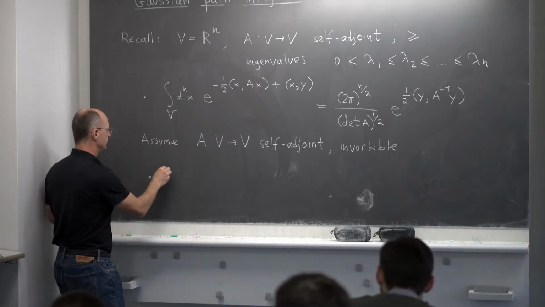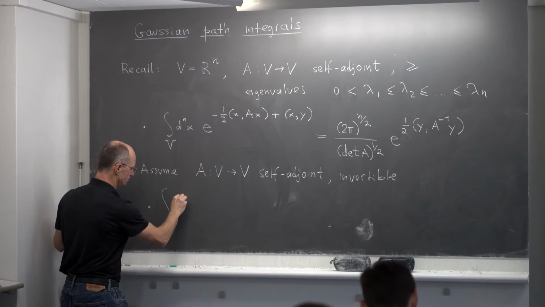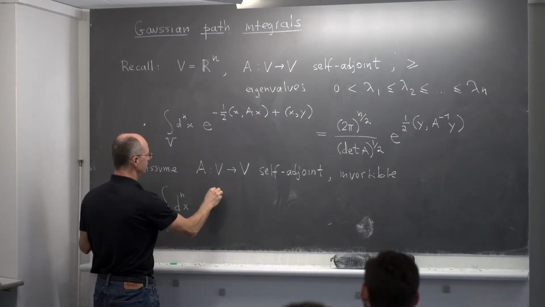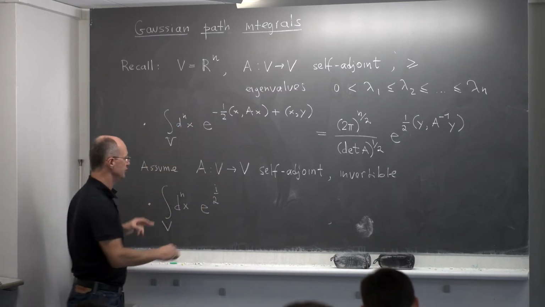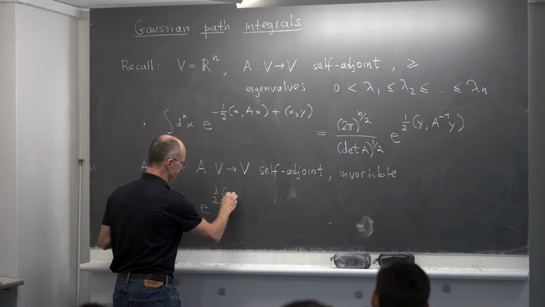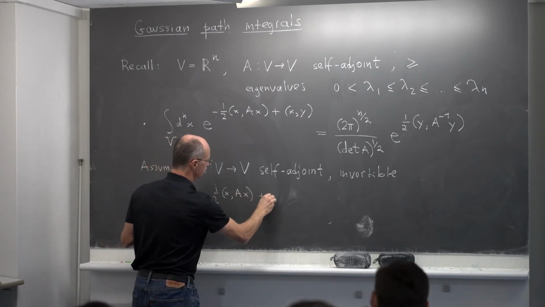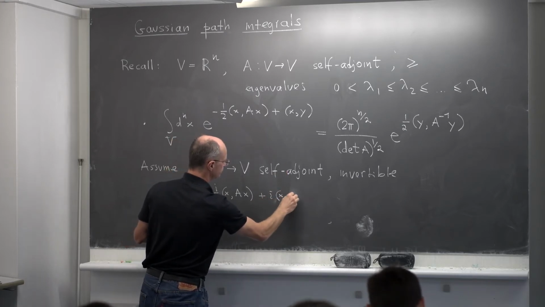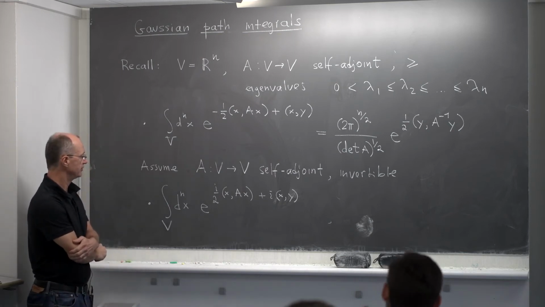Then we can look at the integral of the following form. So now I put the imaginary exponential, and here of course I can put whatever I want, but let's also put the linear term to be pure imaginary.